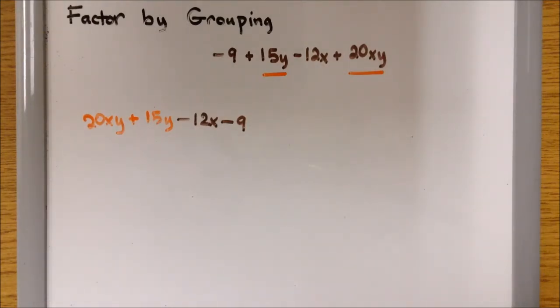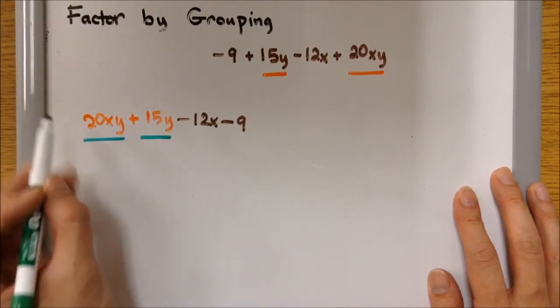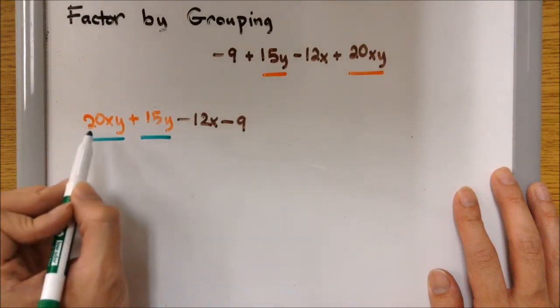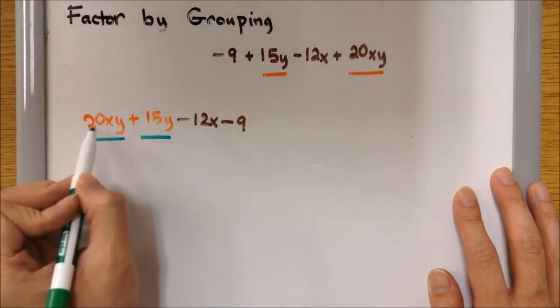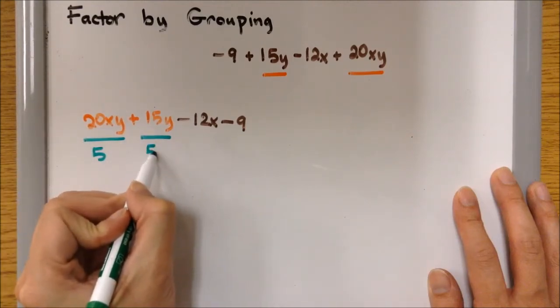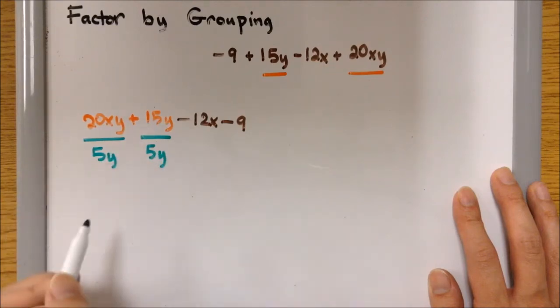So I'm going to factor out our greatest common factor from the left side. What's in common is the numbers and the variable. What's common between 20 and 15 is 5. And they both have y, so I'm also going to factor out the y.